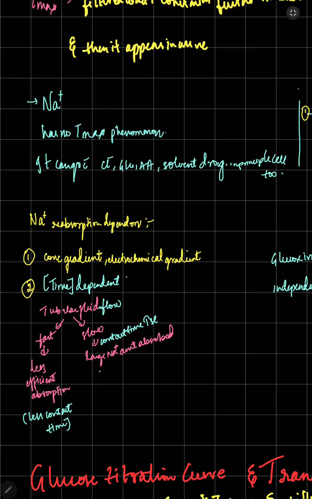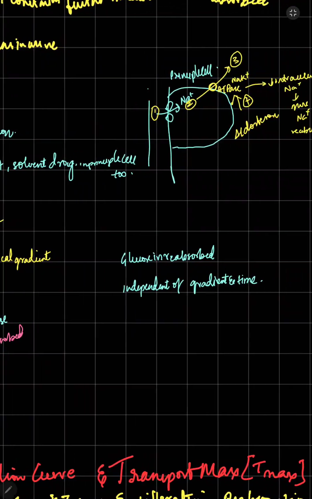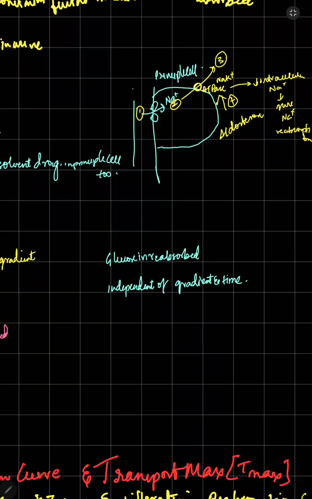Because fluid passes so quickly that cells cannot take up the complete sodium from it, so there is less contact time in this case. But if tubular fluid flow is slow, in case of low GFR, the contact time increases and sodium can be absorbed more efficiently. In that way, sodium reabsorption is time dependent, and glucose is reabsorbed independent of gradient and time.